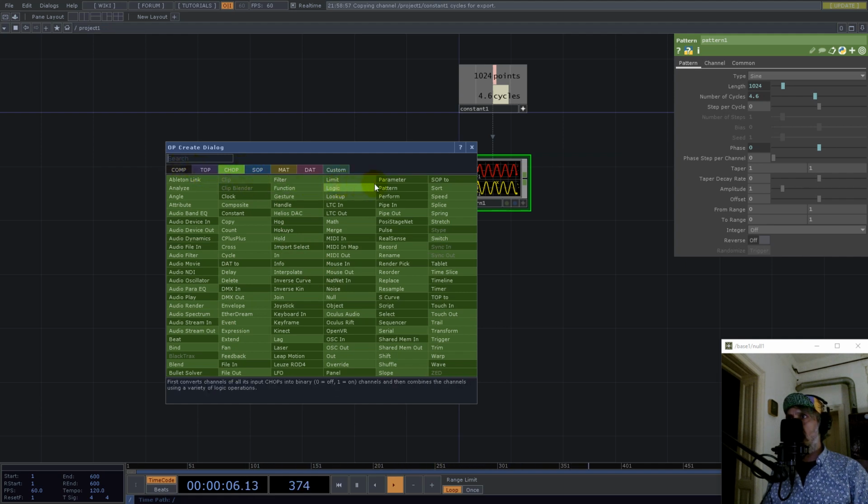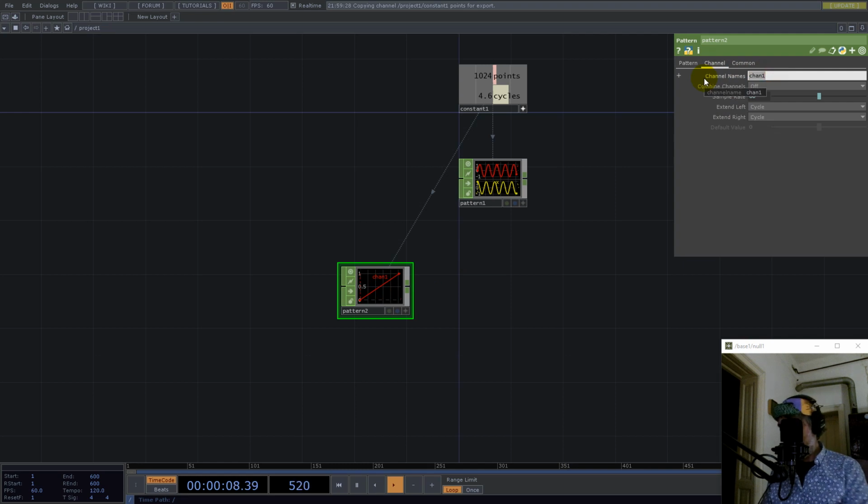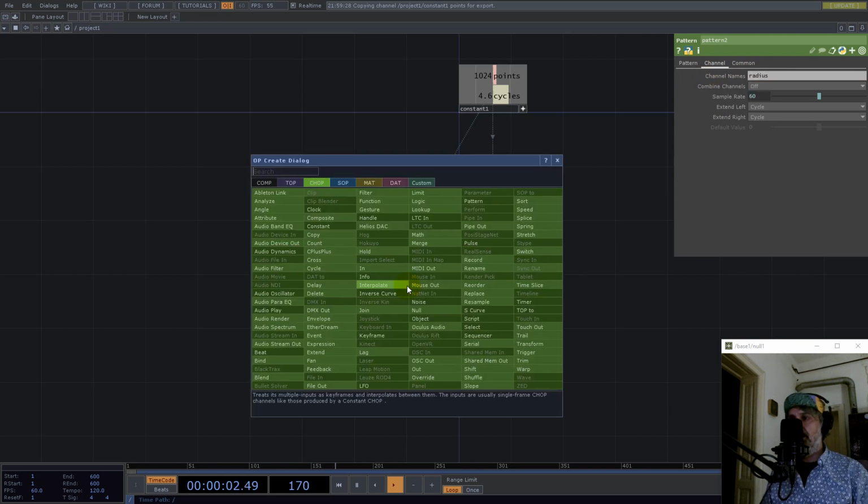Okay, so we start with a pattern, the same number of points for the length, and this one is ramp. Okay, and let's name this radius.